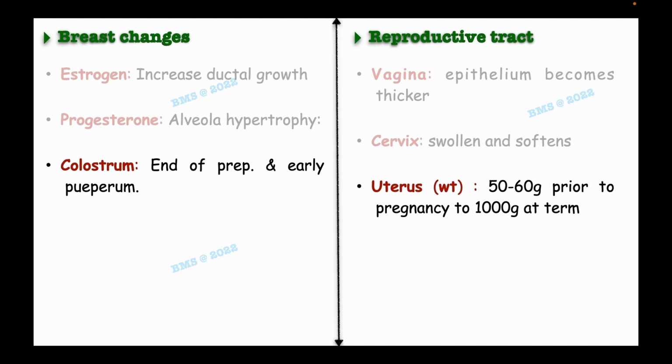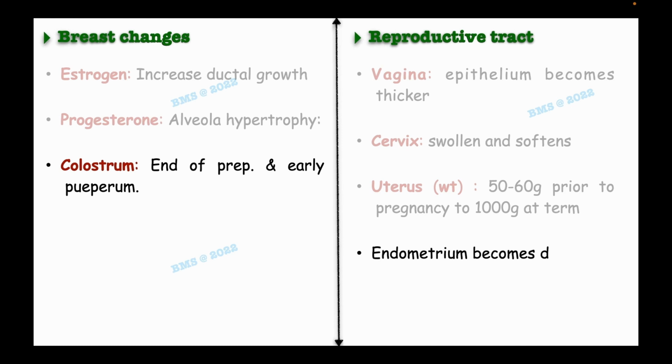And also, we realize that the endometrium of the uterus changes its name, and so after the embedding of the blastocyst, there is the thickening and increased vascularity of the inner layer of the endometrium or of the uterus, and this is now called the decidua.